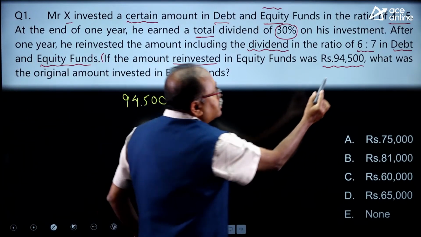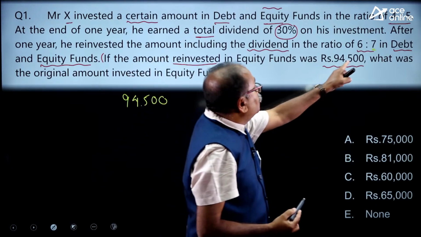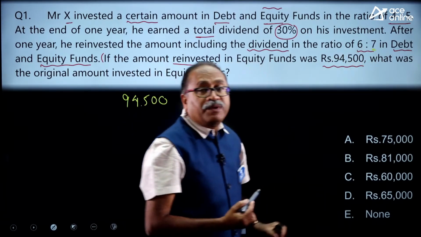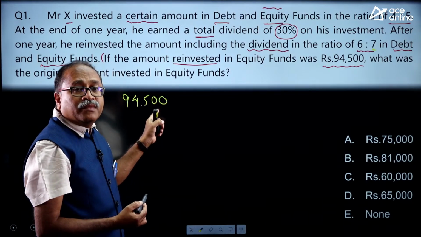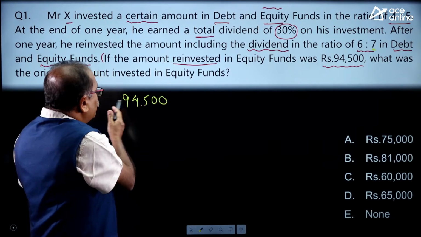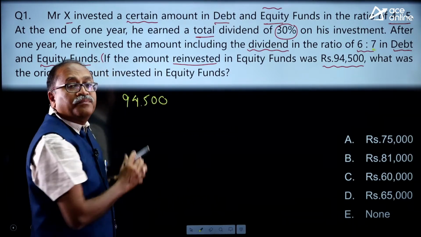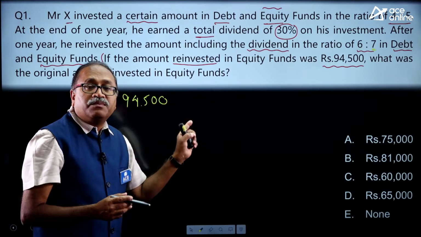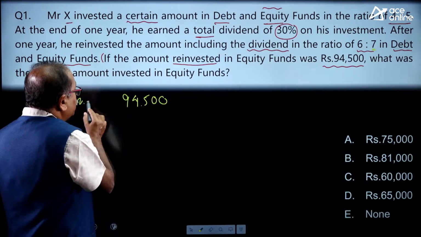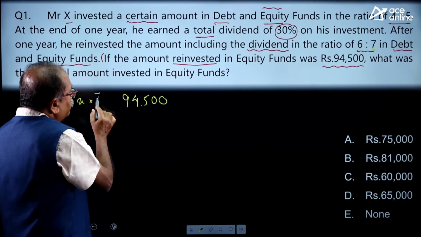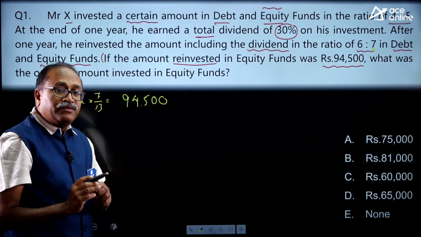That means in equity fund he is investing 7 parts out of the total 13 parts. So this is 7/13 of the previous figure. So in order to move back, what should I do? Should I multiply this by 7/13? Some amount times 7/13 is equal to 94,500.